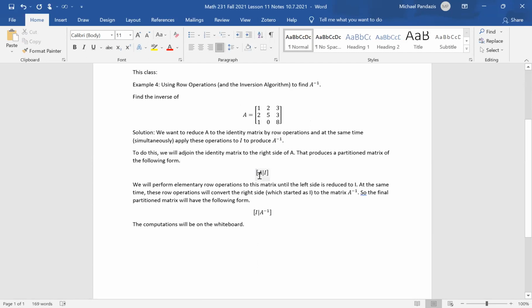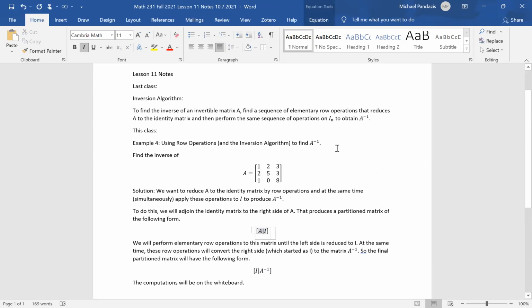You perform elementary row operations on this partitioned matrix so that the left side becomes I. Meanwhile, at the same time, in the same order, you are doing those elementary row operations on I. What the inversion algorithm says is that if you perform the same elementary row operations on I, you will get A inverse. The sequence of elementary row operations that converts A to I, when performed on I, gives A inverse.